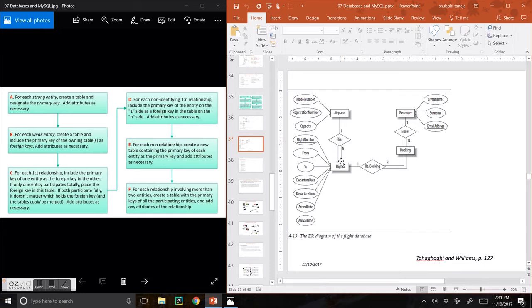These lines show partial participation, and double line shows full participation or total participation. So you should be now comfortable in reading the ER notations given an ER diagram. If you need more knowledge about that, please read the book. They go over each of these notations and when to use which notation in your ER diagram.